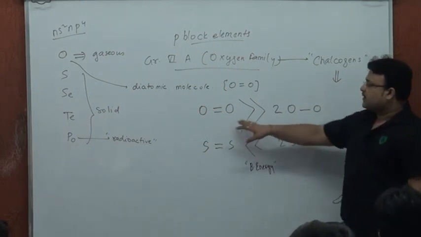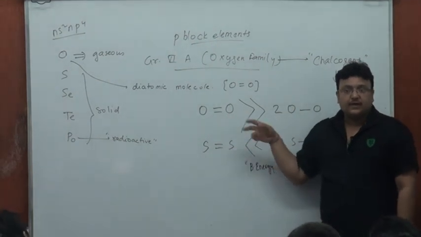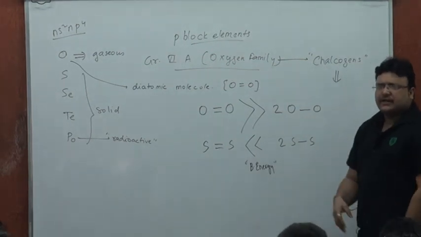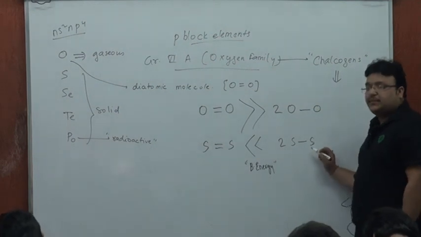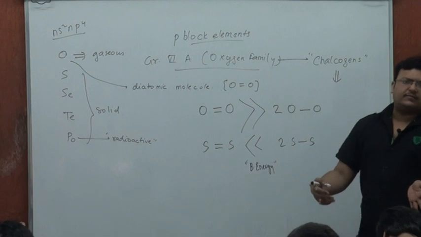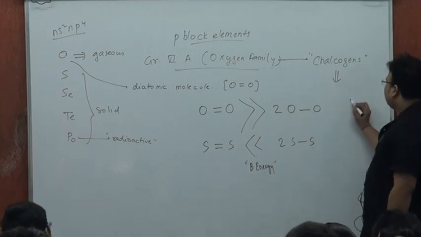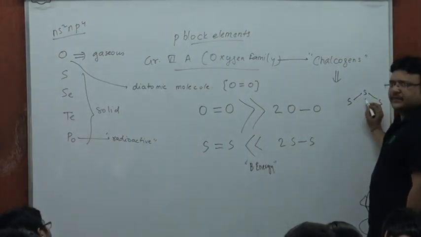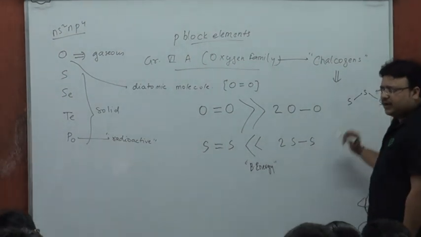And this is where oxygen is happy forming a double bond rather than two single bonds. Sulfur on the contrary, and even the rest of them, given an opportunity, would want to form two single bonds rather than a double bond. Bond energy, recall, is the amount of energy released when the bond is formed. So sulfur would prefer to form two single bonds instead of a double bond.